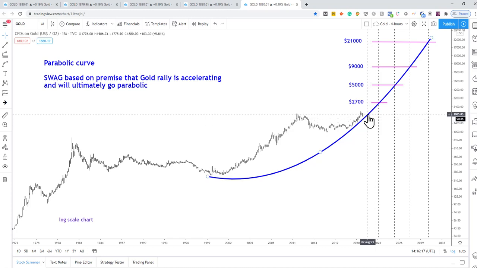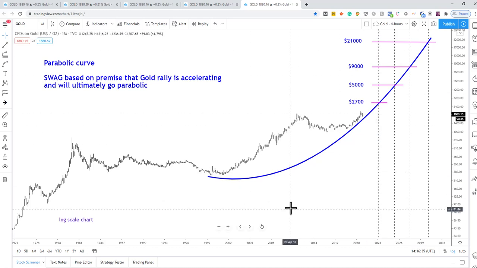The price increase will continue to accelerate and will ultimately go parabolic. And of course, parabolic trends end very dramatically, but all well and good until that happens.